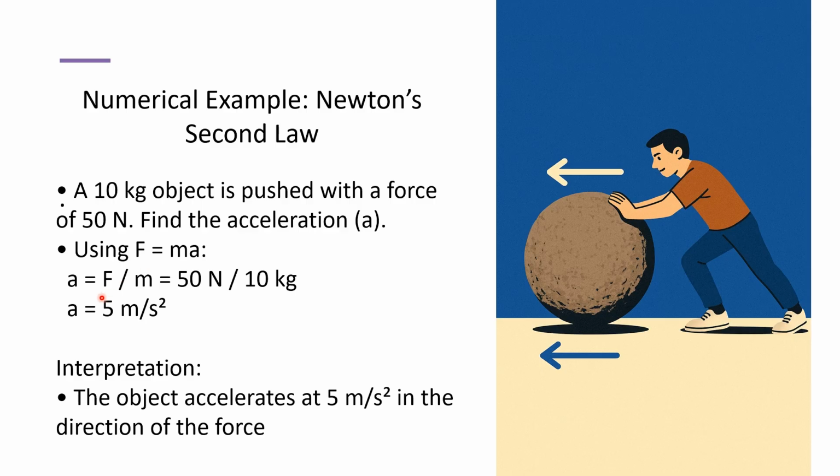Now if we divide both sides by m, we get acceleration is equal to force divided by mass. 50 newtons divided by 10 kilograms is going to be equal to 5 meters per second squared. So that's acceleration. And notice the acceleration is in the direction of the force. This turns out to be a vector quantity, and we're going to get into that in more depth in later videos.